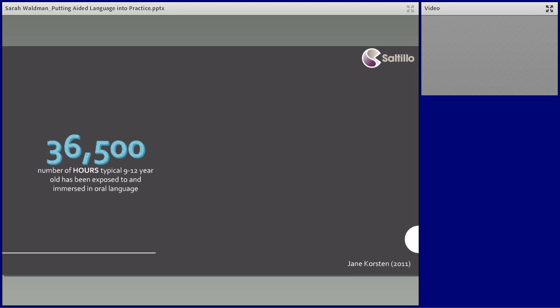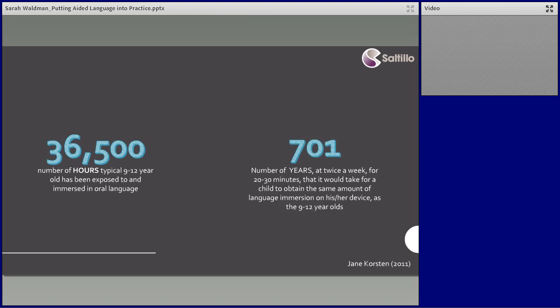Okay, 36,500 is the number of hours that a typical 9 to 12-year-old has been exposed to and immersed in oral language. If we apply the same logic to AAC users who receive speech therapy, 30 minutes, 2 times a week, they receive far less exposure to language.